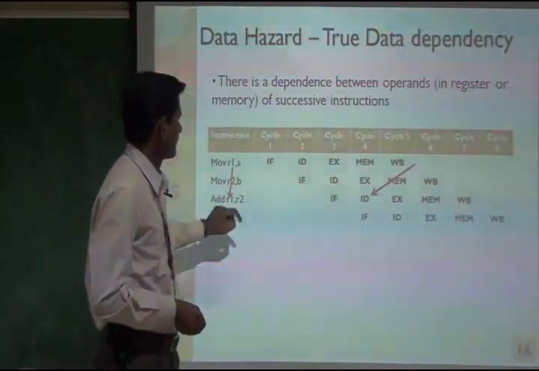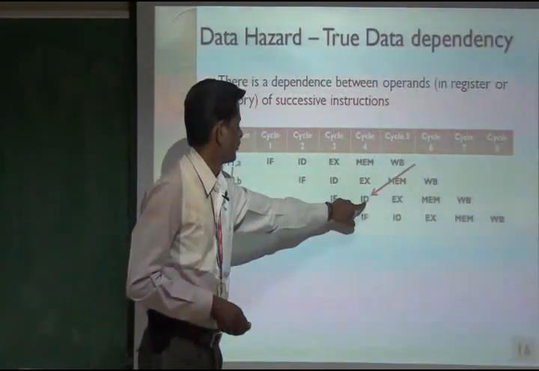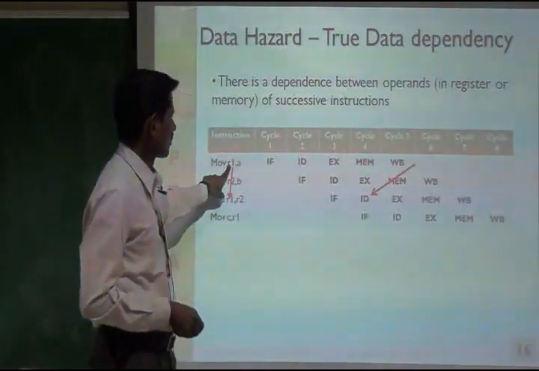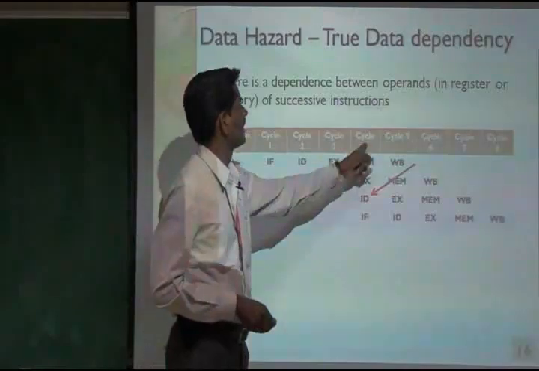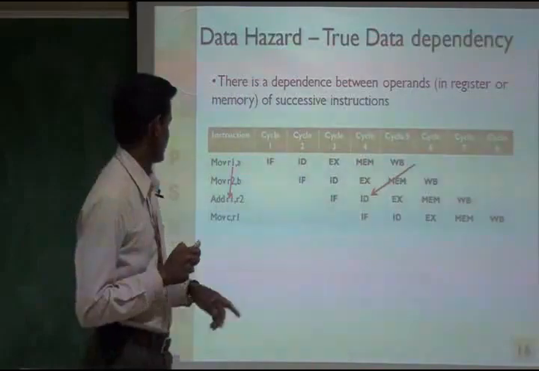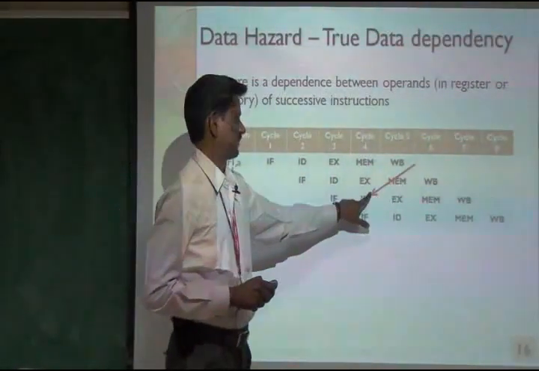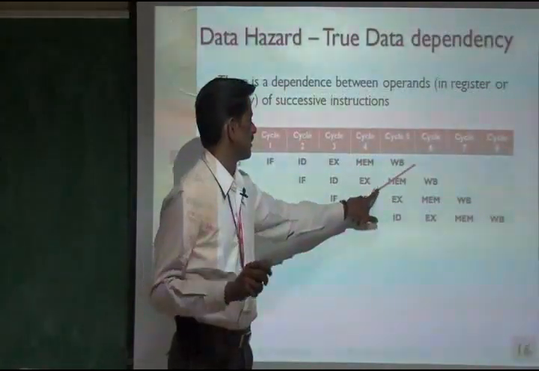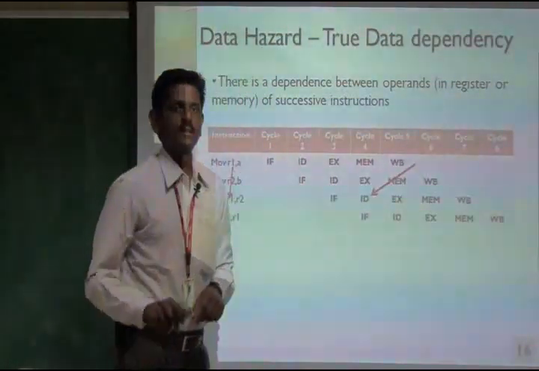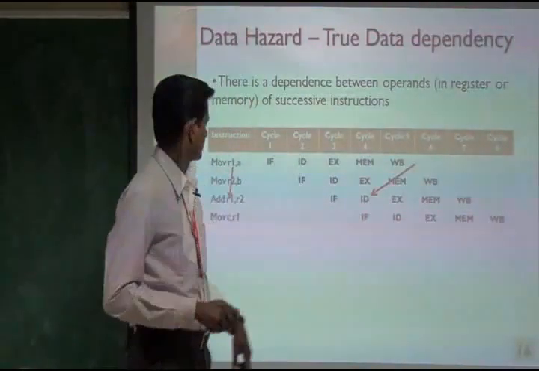Instruction 3 tries to read R1 in clock cycle 4, but register 1, that is R1, is available only after clock cycle 5. That is the problem, that is data hazard. Until clock cycle 5, it is not possible to read R1 here.